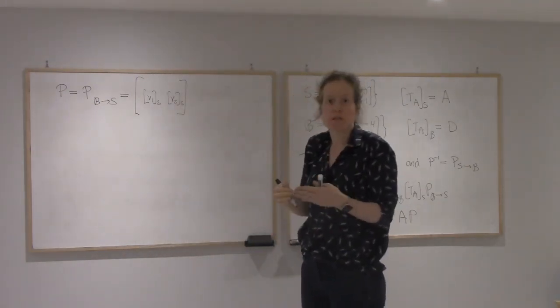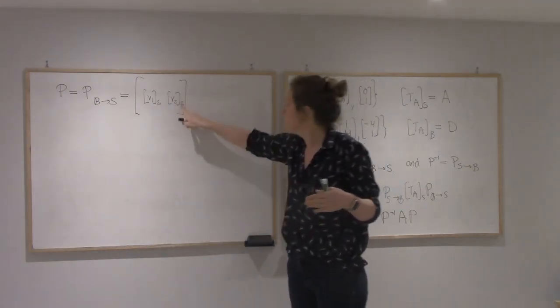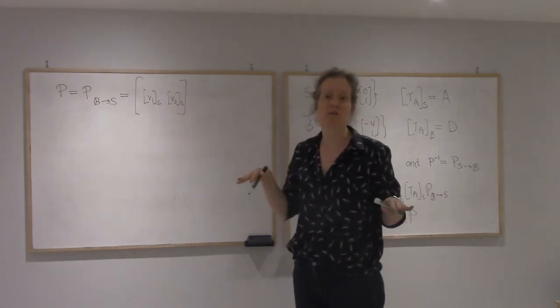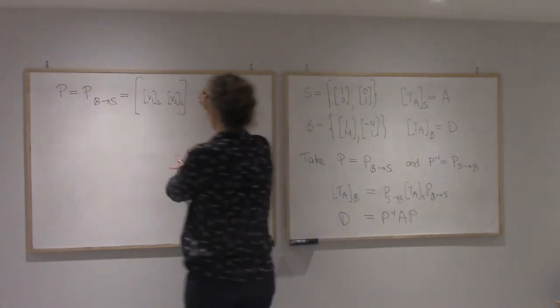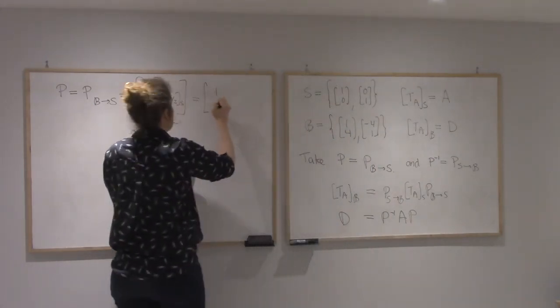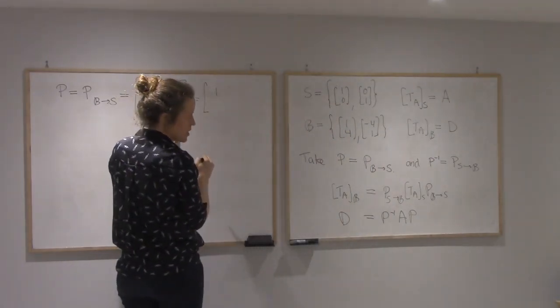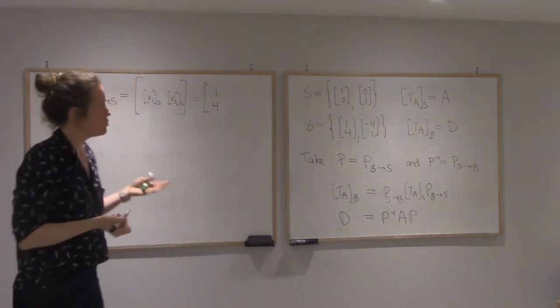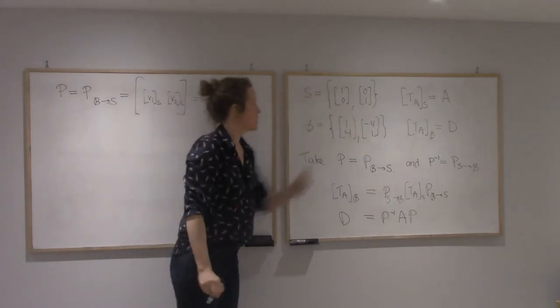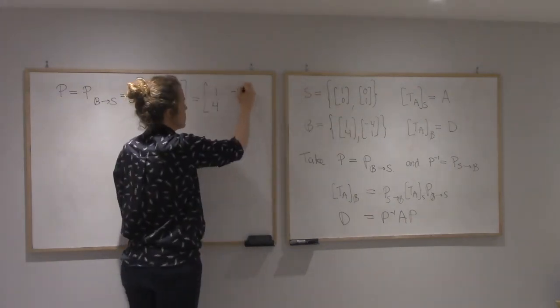This is not particularly a challenge because the last basis, S, is just the standard basis, so we don't actually have to do any work. The vectors come in the standard basis. So we had 1, 4, which is 1 times this, plus 4 times this, and then minus 4, 1.